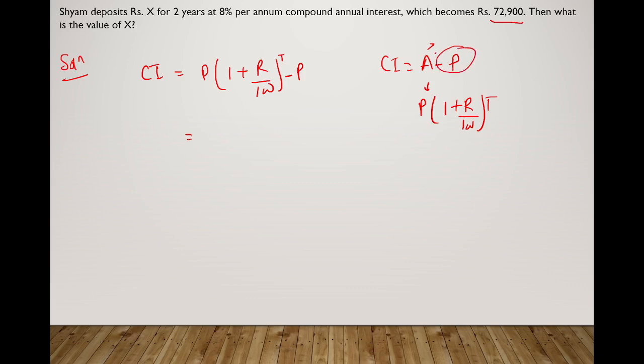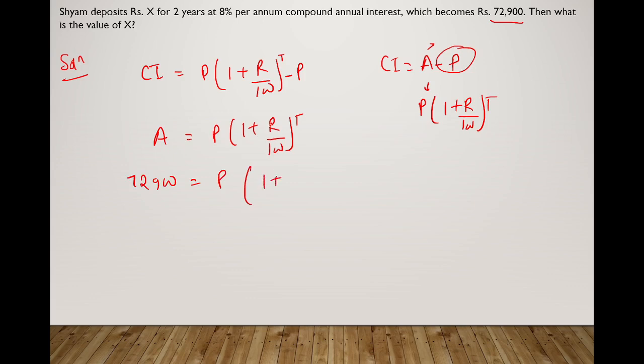So if I apply the formula of amount equals P into 1 plus R by 100 to the power T, then the amount is 72900, and we need to find out the principal.